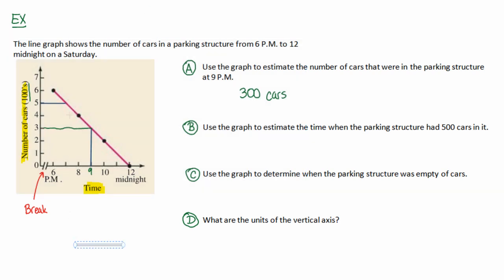It looks to me as though the time when there were 500 cars in the parking structure was roughly around 7 p.m. Because, again, we drew a horizontal line from 500 to the line here, and then found out what the corresponding input was. It looks to be about 7 p.m.